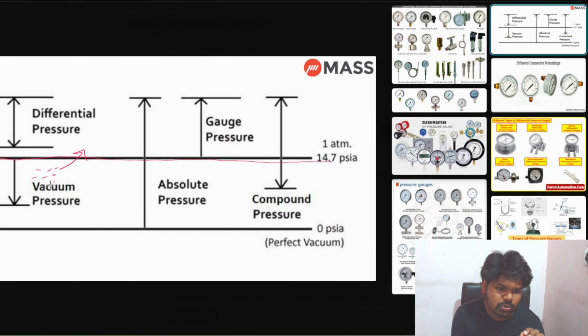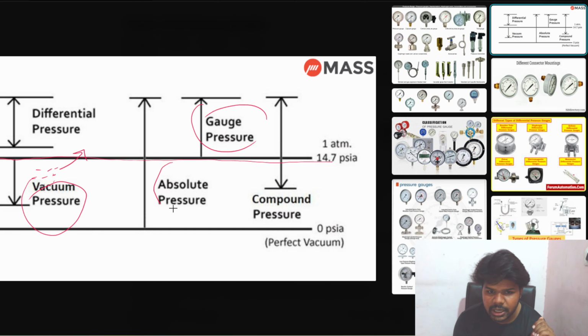Below atmospheric pressure is called vacuum pressure. Vacuum pressure has different kinds of gases. They show a very accurate value, so it is called vacuum pressure. Can you understand the terminology? Gauge pressure, vacuum pressure, absolute pressure, understand?